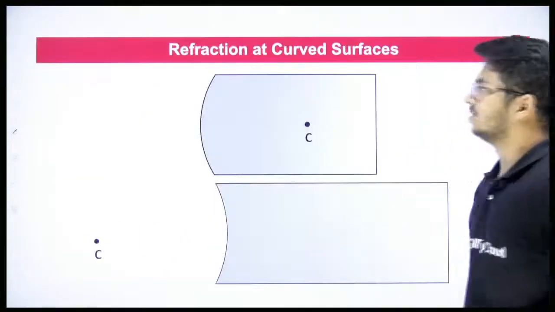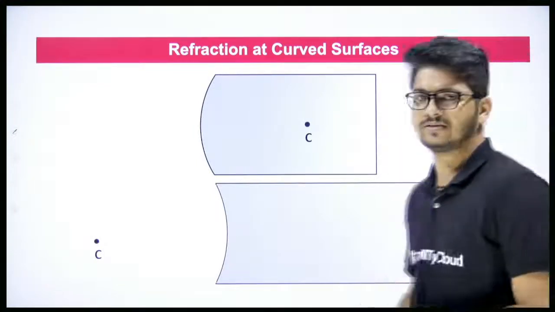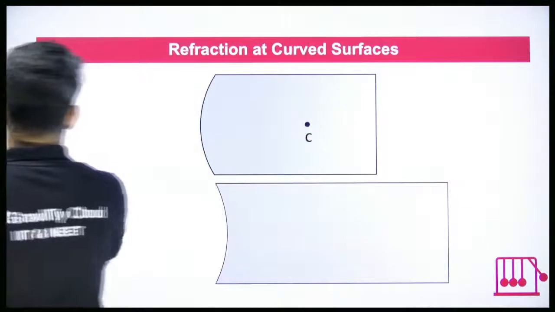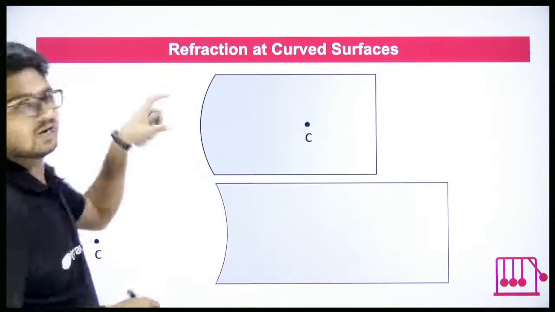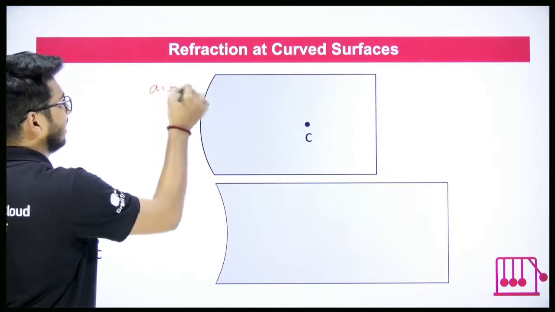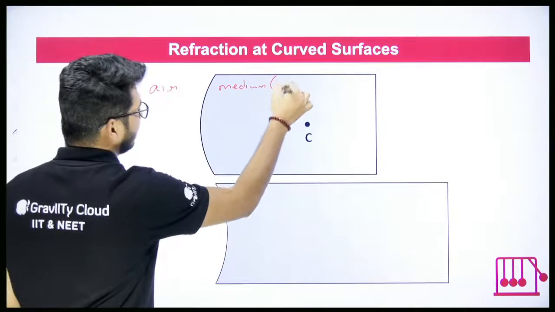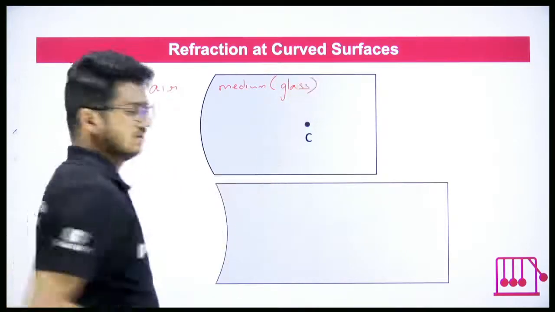Okay. So first of all, look at this. Mostly we'll be discussing these two types of surfaces. Here, in the first case, the top case, generally I say this is air and this is any medium. The medium you can consider as glass or water.